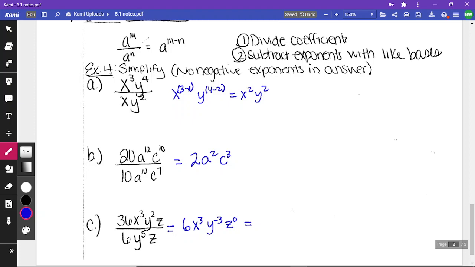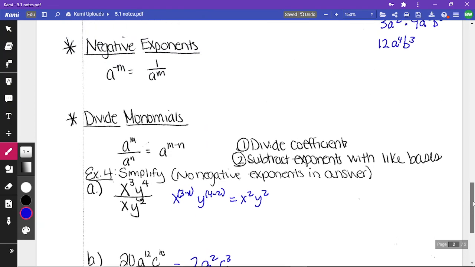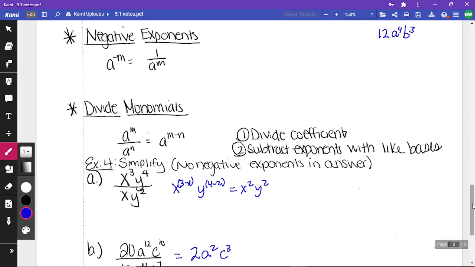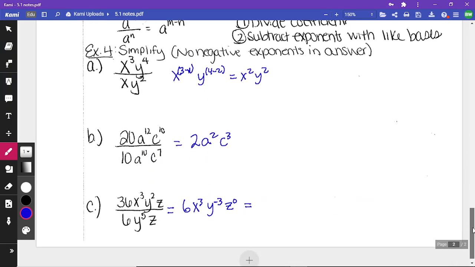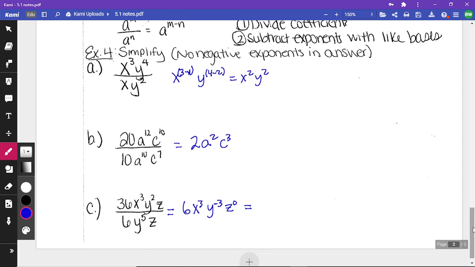Well, remember, scroll up here and look at it. There's what we do with negative exponents. A to the negative m equals 1 over a to the m. So y to the negative 3 in our example, that's going to equal 1 over y to the third.